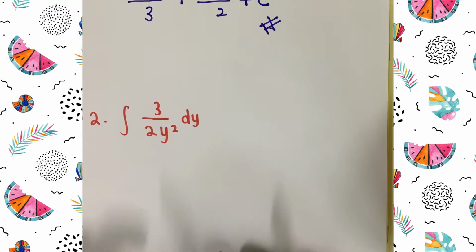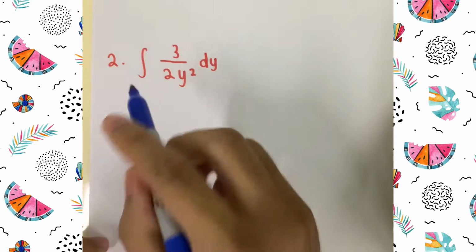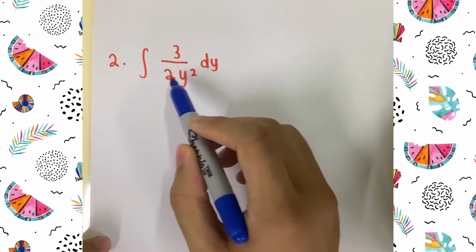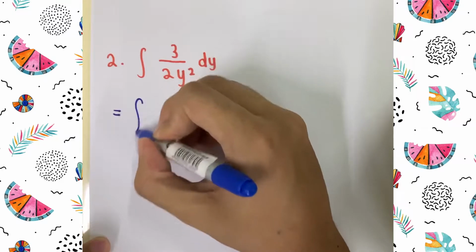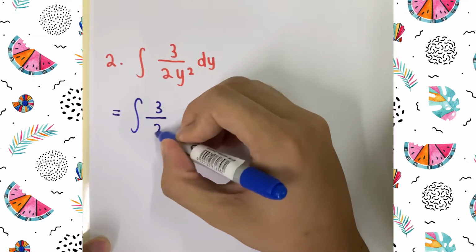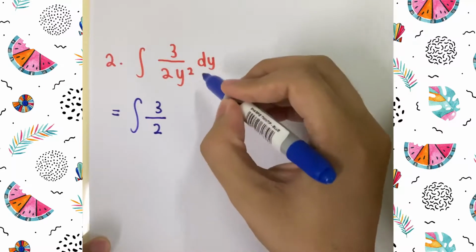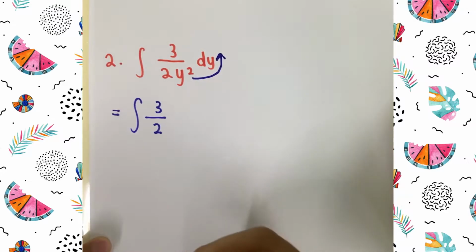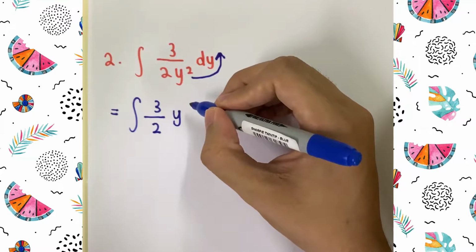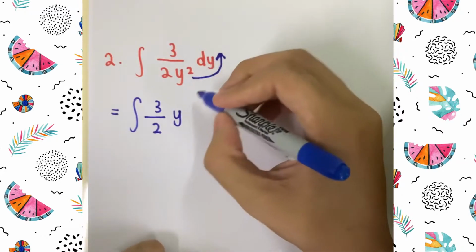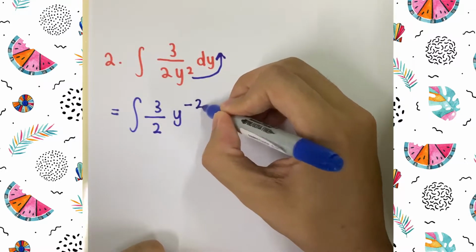So the next question is to integrate 3 over 2y squared. So what I can do is I rewrite as 3 over 2, and when I raise y from the denominator to the numerator, it is going to become y raised to the negative 2 power dy.